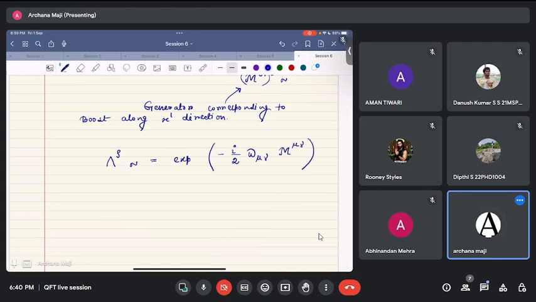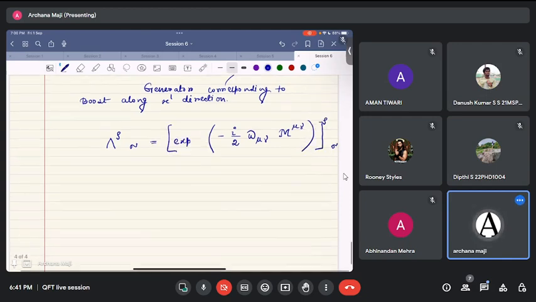So the whole thing will be a matrix whose indices are rho and sigma. So Aman, now is it clear to you? This is the same mu nu index and rho sigma index you had in the lecture, right? Okay, let me write one more thing and then you can let me know.